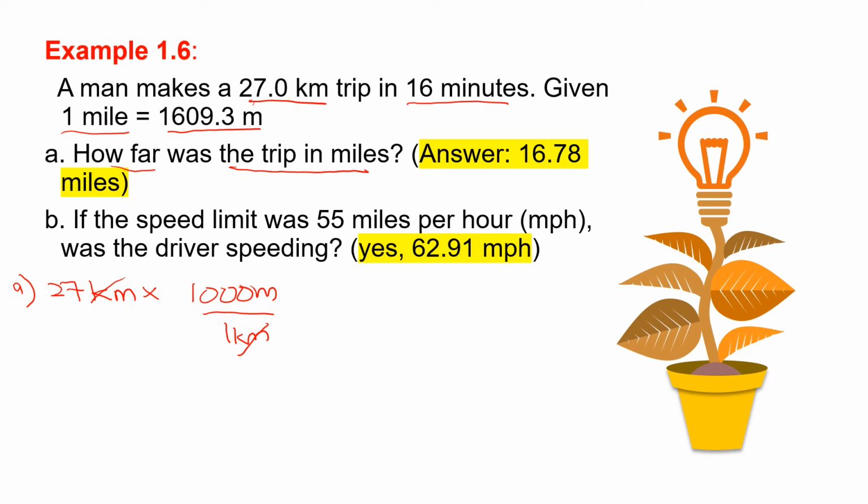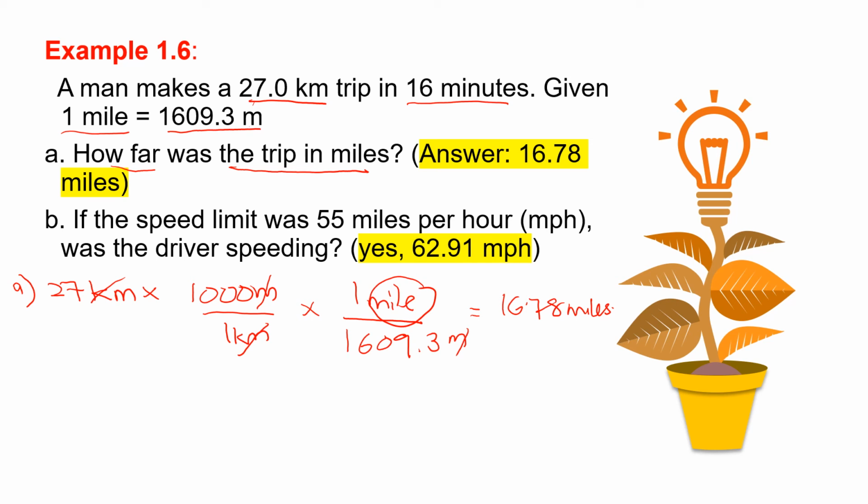And then they say 1 mile, you want to get the answer in miles, so mile must be on top. 1 mile is equal to 1609.3 meters. So here you can see you can cancel out the unit and finally you will get the unit mile. So the answer is 16.78 miles.